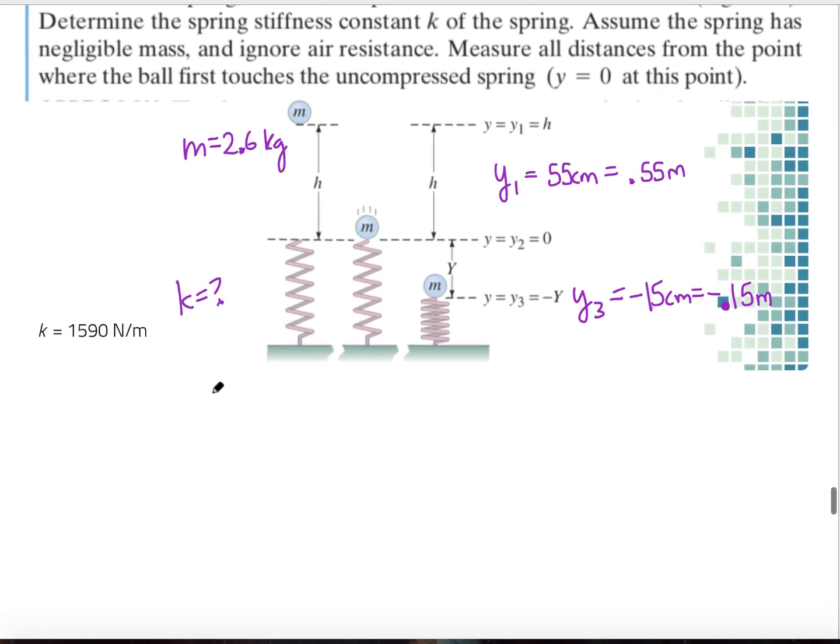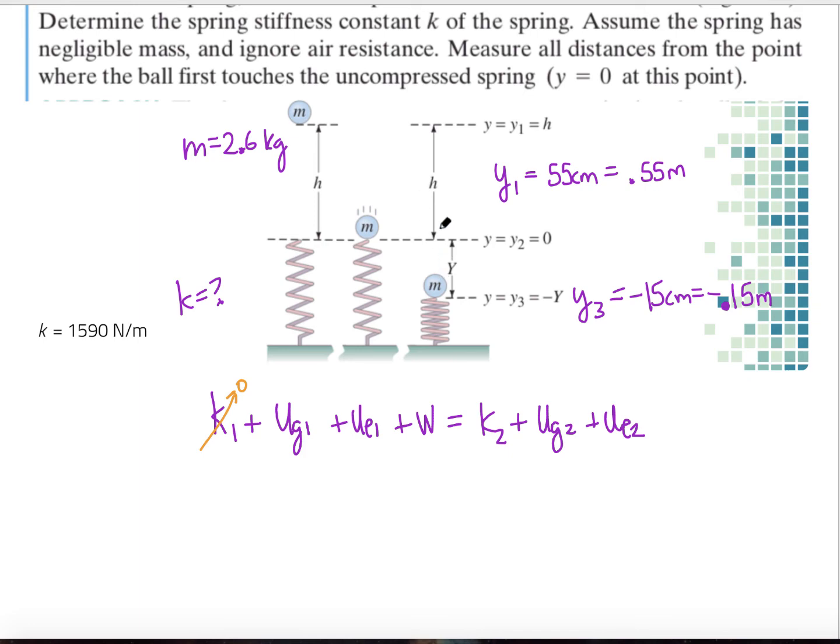So let's start with that statement of conservation of energy. K1 plus Ug1 plus Ue1 plus work is equal to K2 plus Ug2 plus Ue2. Now, the problem states that the ball is dropped from this height, so dropping implies that our initial kinetic energy is 0.